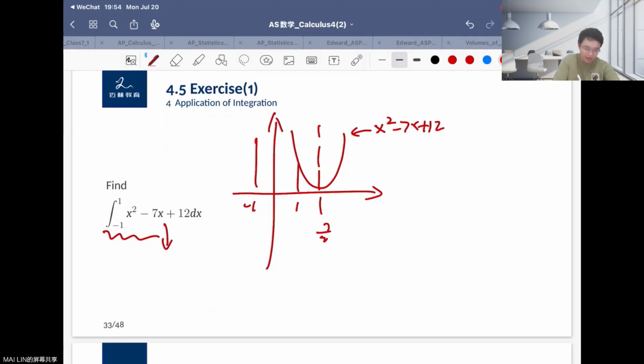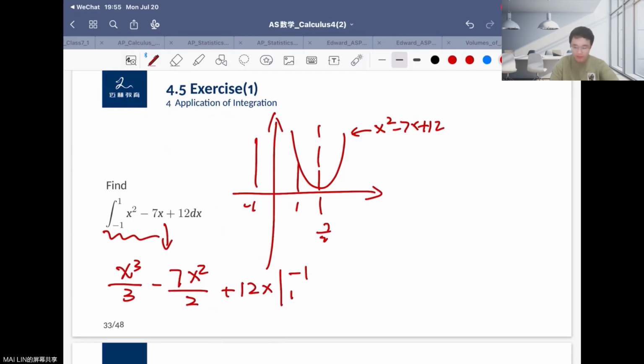First we calculate the integration, which is x cubed over 3 minus 7x squared over 2 plus 12x, from -1 to 1. Oh sorry, 1 is on the top and -1 is on the bottom.